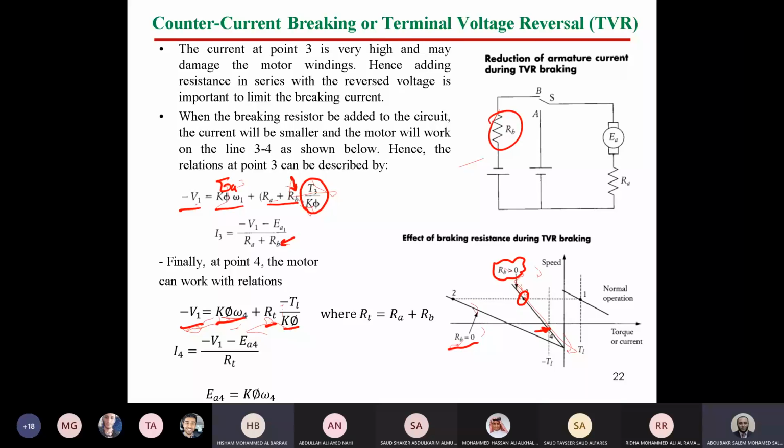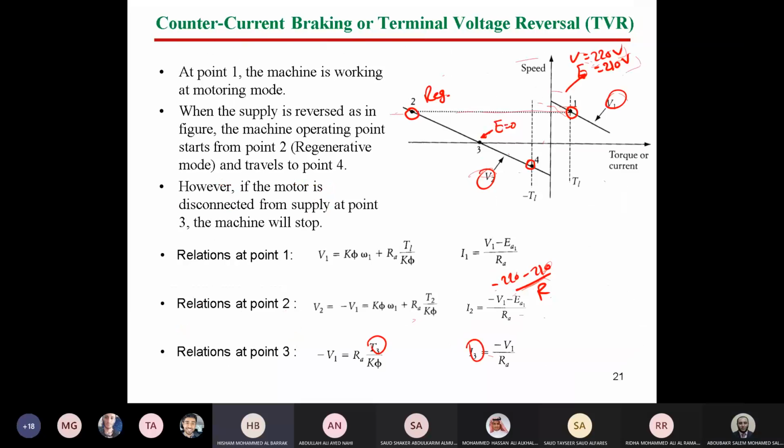Go ahead. Sorry, Doctor, I have another question. What I think is that the current has a minus sign in the regenerative quadrants, which are the second and the fourth quadrant. Why do we say that in the third quadrant it would be minus? Let's go to the second quadrant.